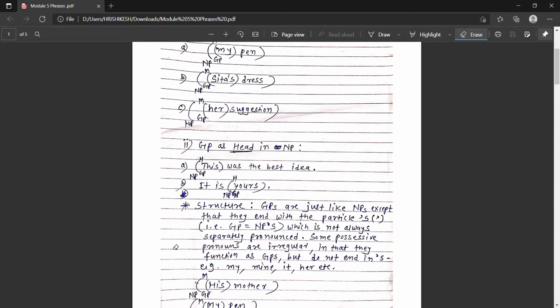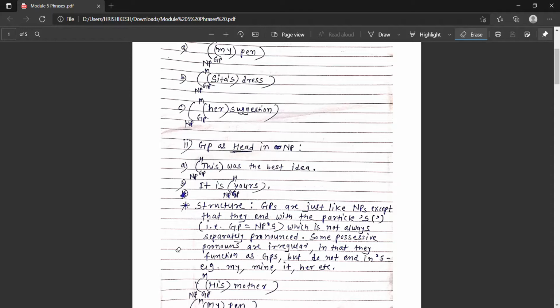Again, which label have we given outside that round bracket? We have given the label NP. In a noun phrase, the genitive phrase functions here as a head. In the second example, it is yours. Yours is talking about possession. Yours is here a genitive phrase, but functioning as a head. It is a single word and it is the head.